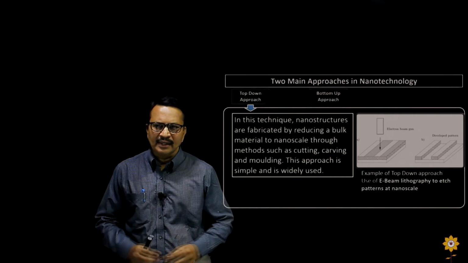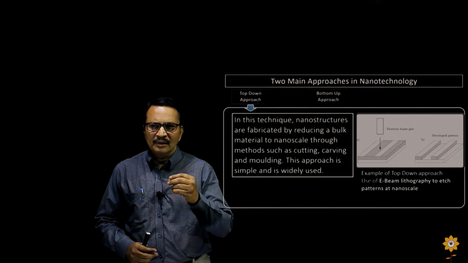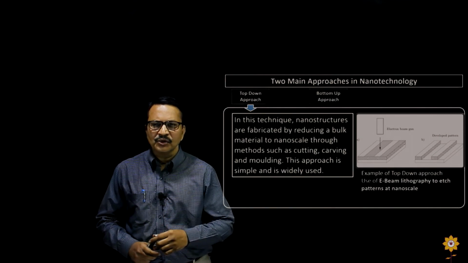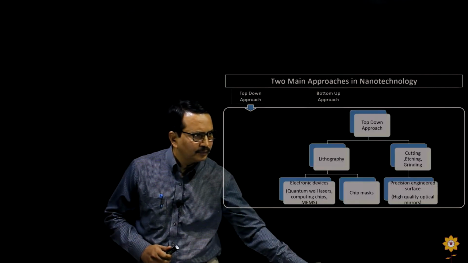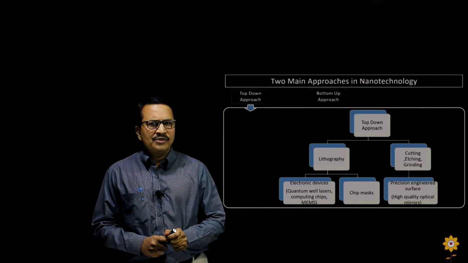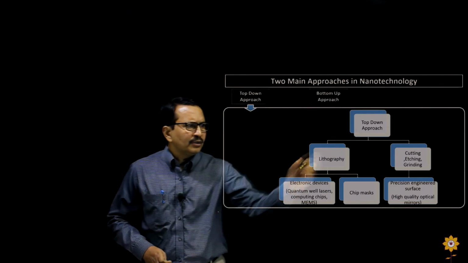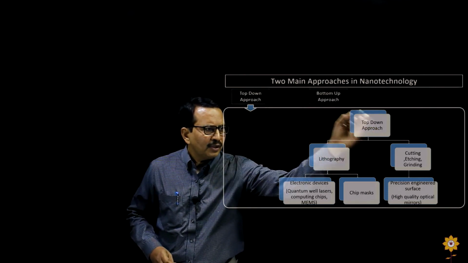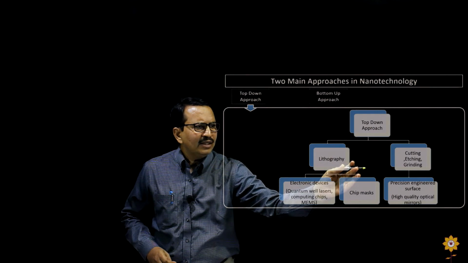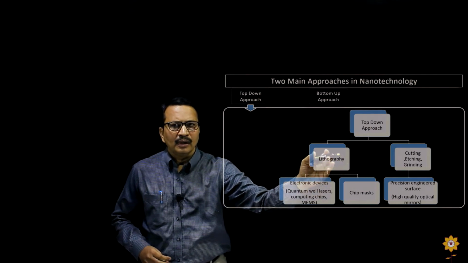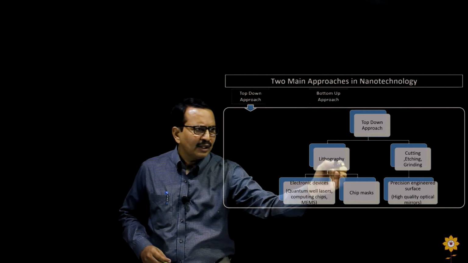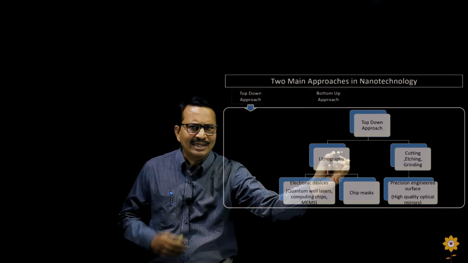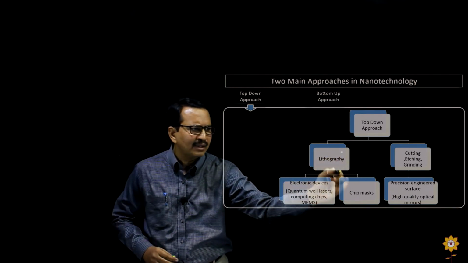So next we study just a tree or the classification of the top-down approach. As you can see over here, this is our top-down approach. The different techniques which are being used in getting the nanomaterials using the top-down approach are lithography, an example which you have seen in the previous slide.